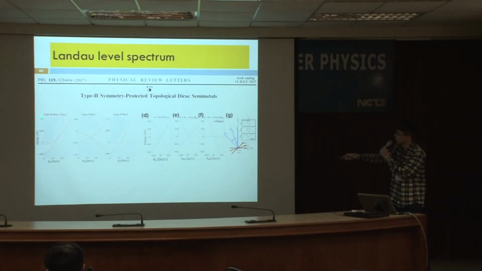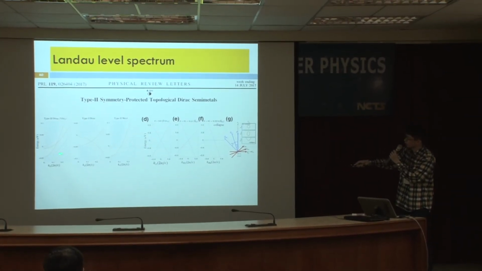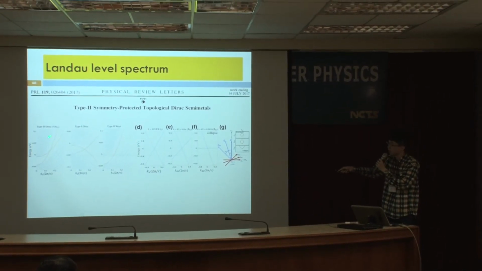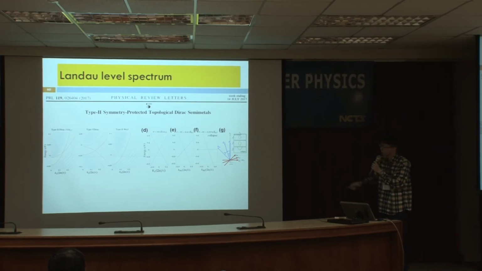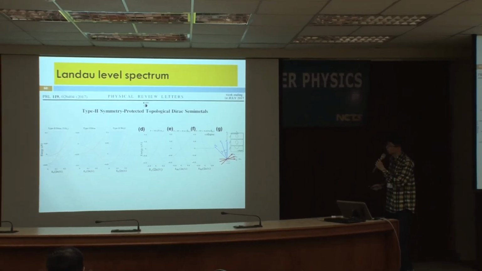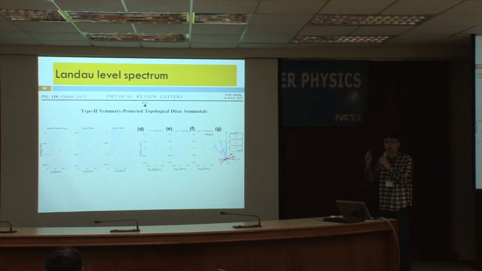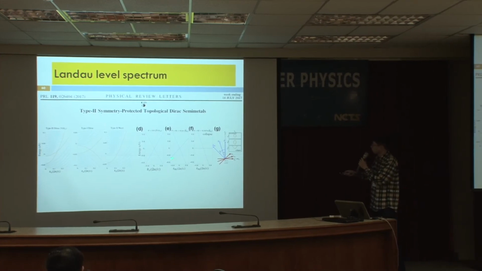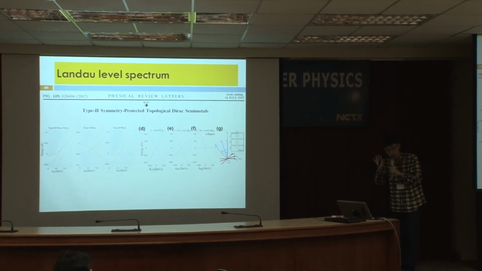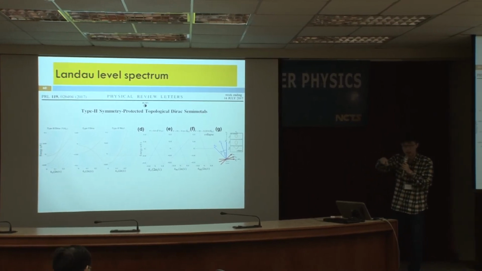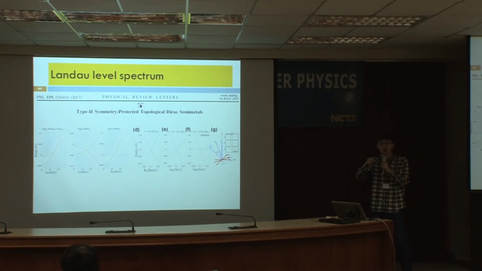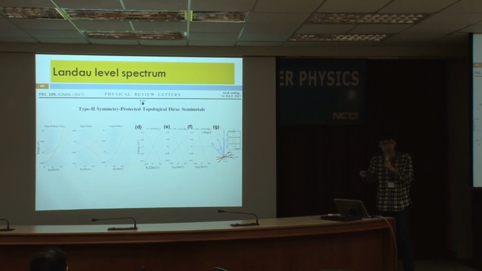But here in our type 2 case, we have two chiral states, but the Fermi velocities have the same sign. If we apply a magnetic field, for example along the z direction, the electron cyclotron motion will be within the kx-ky plane. In the semi-classical picture, the electron will trace the Fermi surface within these planes.